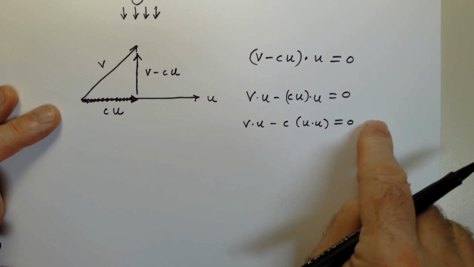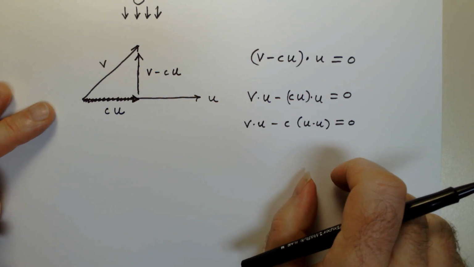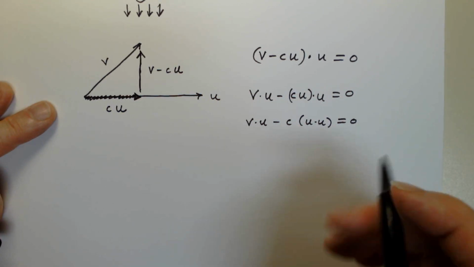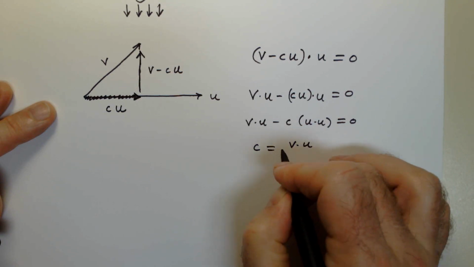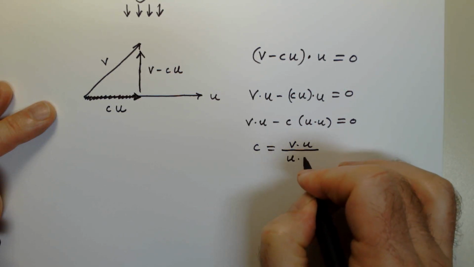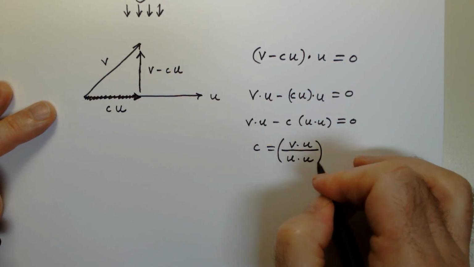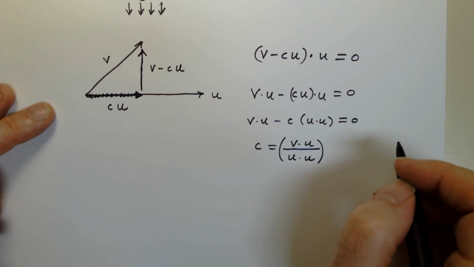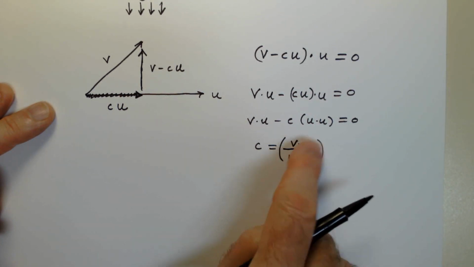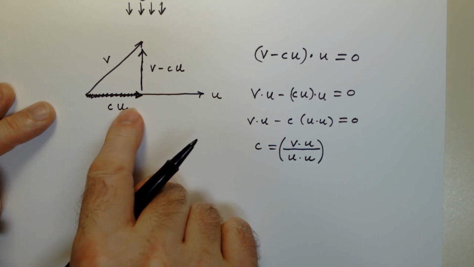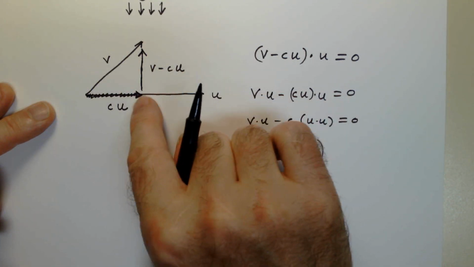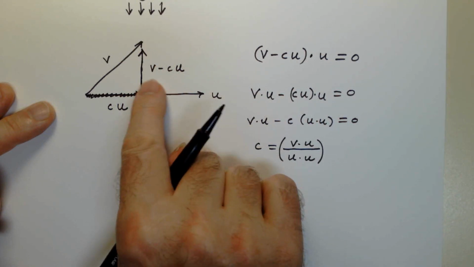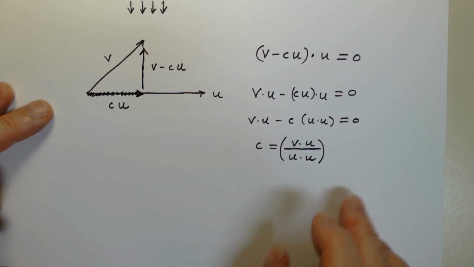And then finally, we can bring this to the other side and divide by u dot u. We can say that c is equal to v dot u over u dot u. So there's the scalar multiple that we should use. If we use this value of c, we'll create this picture. We'll have a shadow that's cast by v onto u so that this residual vector is at a right angle to the original vector u. All right?